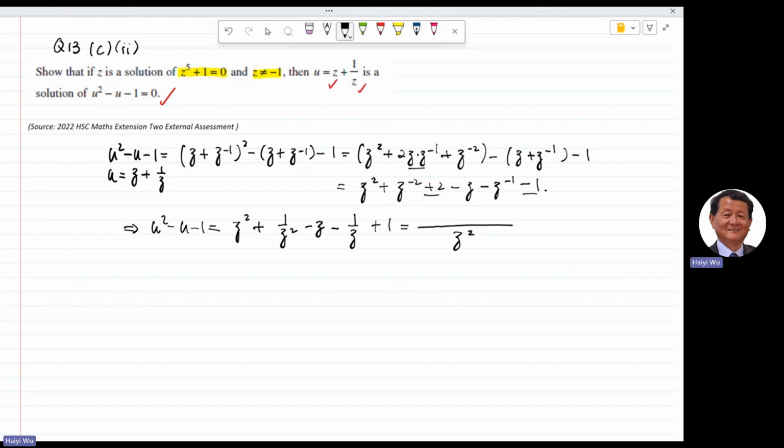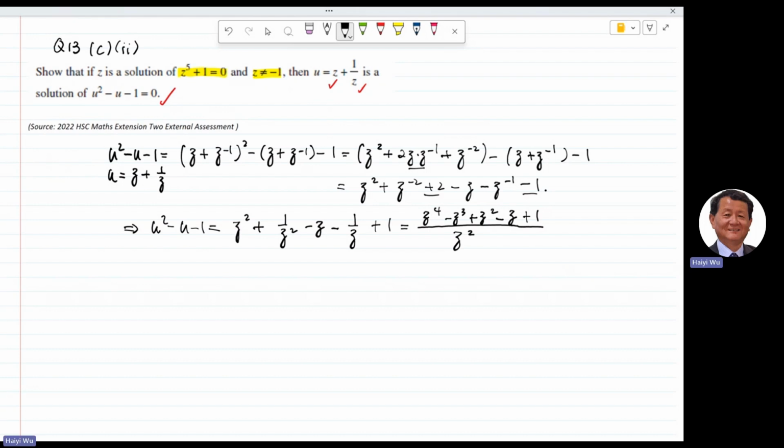The first one will be Z to the power of 4, and that one's already 1. The next one will be minus Z to the power 3. The next one will be Z to the power of 2, and finally, plus 1.